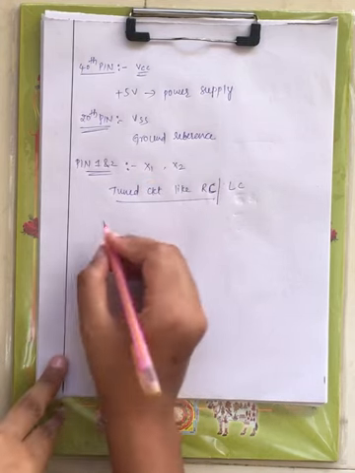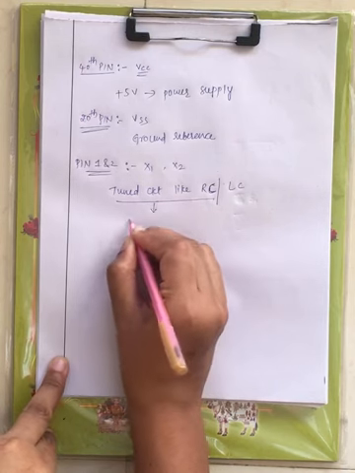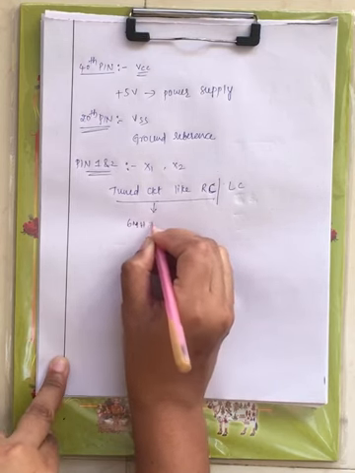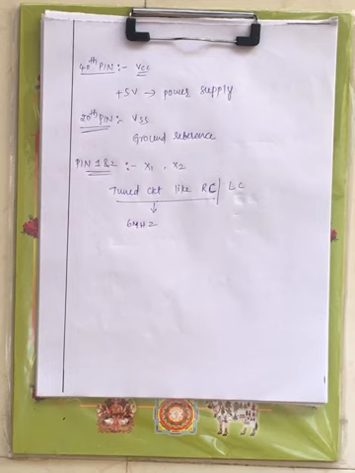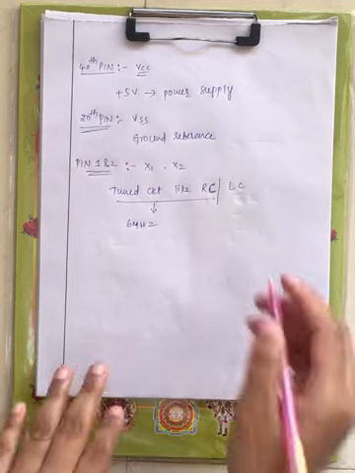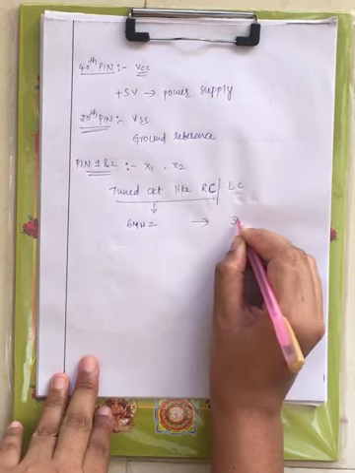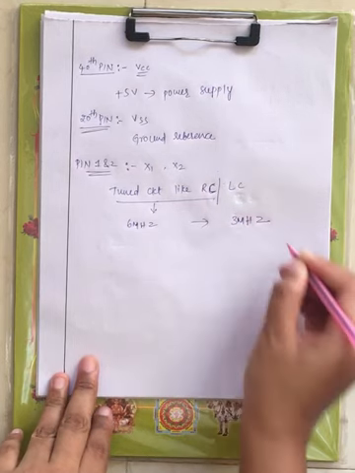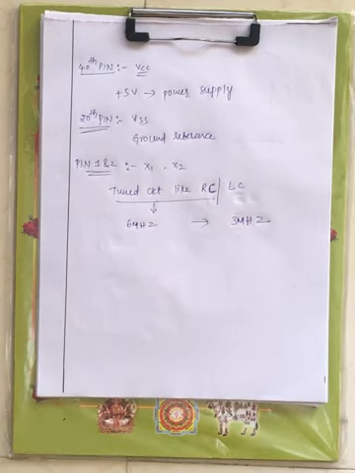Now let us assume this has a frequency of 6 megahertz. Internally the 8085 will operate at 3 megahertz.